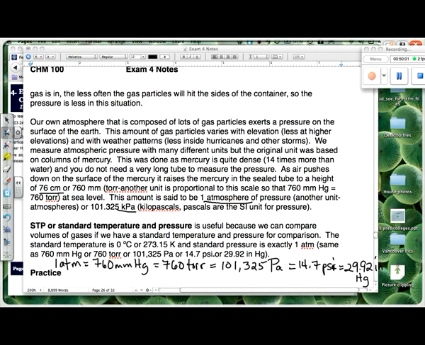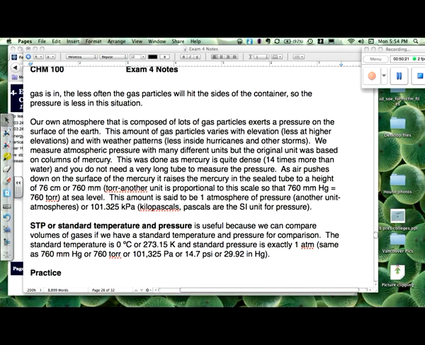Now, what is standard temperature and pressure? It is defined as 0 degrees Celsius, or 273.15 degrees Kelvin, and 1 atmosphere. So that is what standard temperature and pressure is defined as. So we're going to wrap this up by using some of these pressure relationships and doing a few conversions.